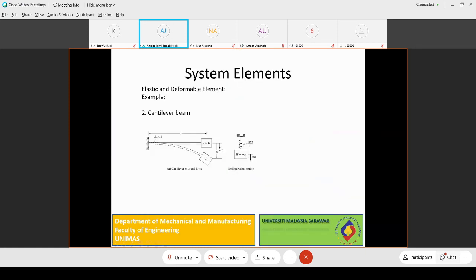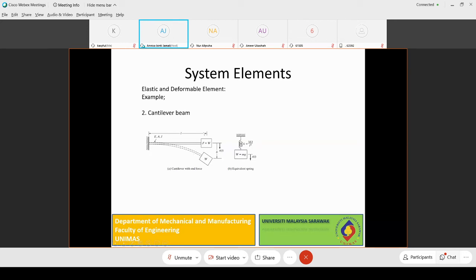Next one, another example would be the cantilever beam. So for the cantilever beam here, you can see the beam is fixed at one end, and on the other end there is a mass attached to it. So when we push this cantilever beam downward, this beam actually acts as a deformable member of elements.